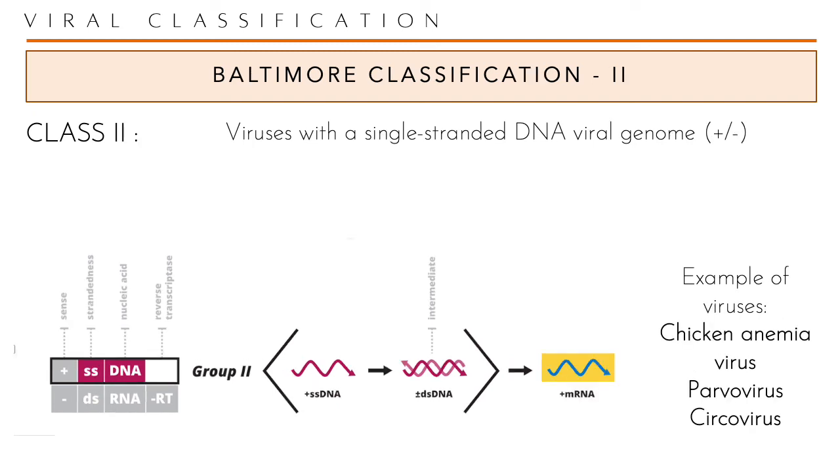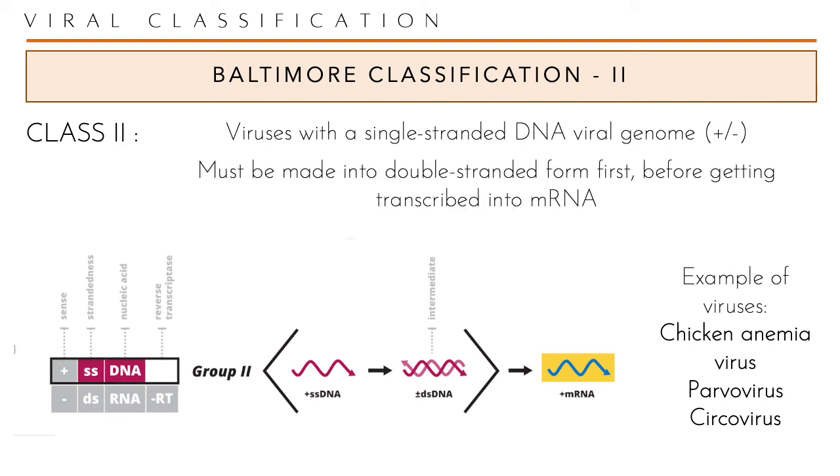Now, class 2, we have a single-stranded DNA genome, and that could be a positive sense or a negative sense. It depends. The thing is, you have to convert that single-stranded DNA into a double-stranded one first before getting transcribed into an mRNA. Why?